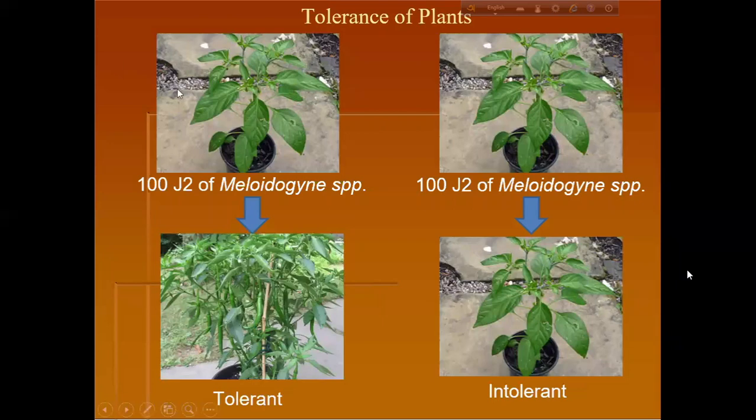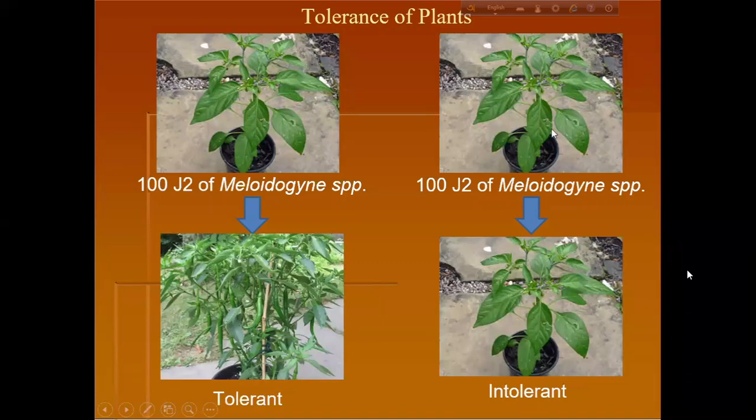You can see here, both are chili plants of the same age, both are healthy plants. For example, we inoculated 100 second stage juveniles of Meloidogyne. In the left-hand side plant, we also inoculated the same number of nematodes, that is 100 second stage juveniles of Meloidogyne species in the right-hand side plant.